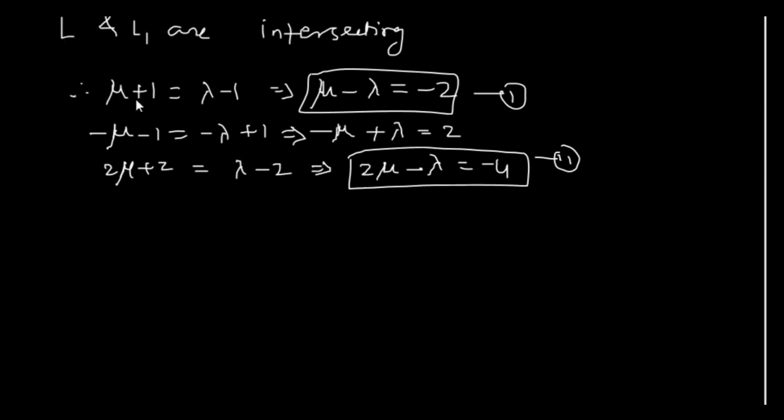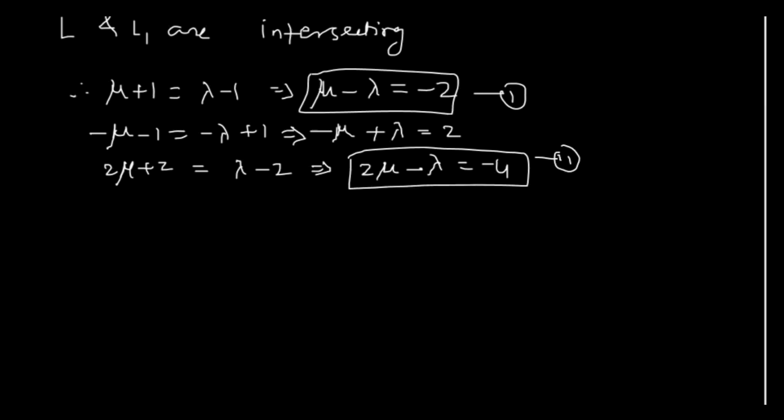So the x coordinate of L is mu plus 1 and the x coordinate of L1 is lambda minus 1. Equating, we get mu minus lambda equal to minus 2. The y coordinate gives the same equation. And the z coordinate: 2 mu plus 2 equal to lambda minus 2. From here we get 2 mu minus lambda equal to minus 4.